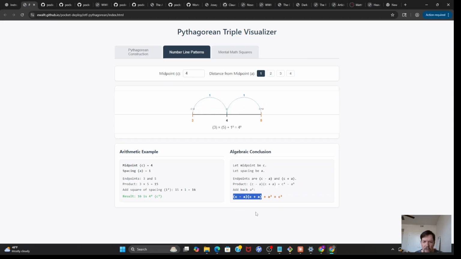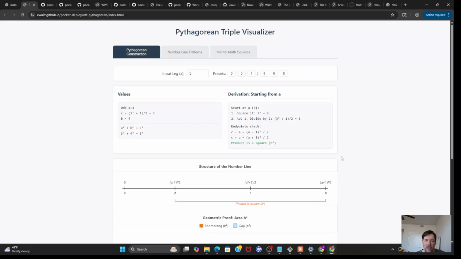C minus A times C plus A equals C squared minus A squared. So if you add A squared to that, you get C squared. So this is the algebra for multiplying the endpoints and then adding the square of the distance to get the midpoint squared. Okay, so the next thing that I want to go to is a geometric representation of this.